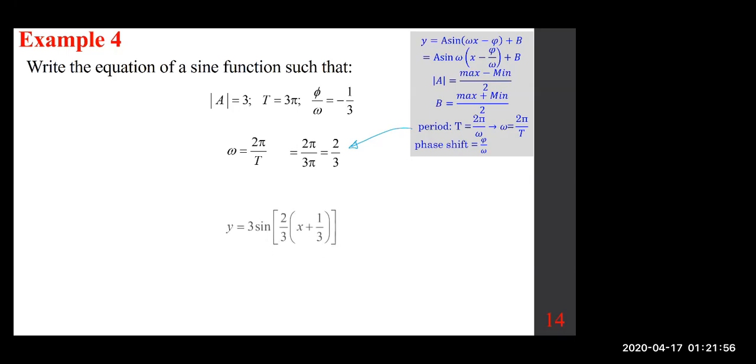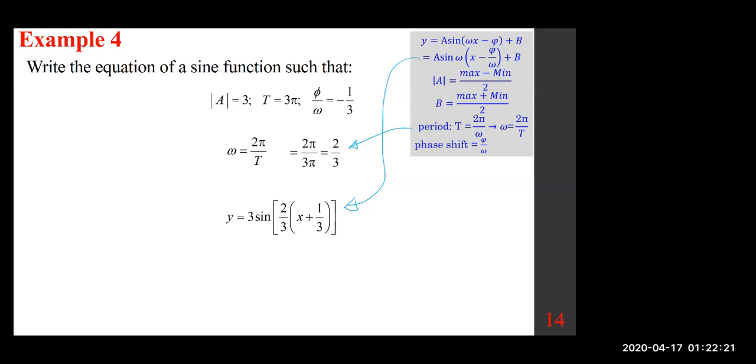We put it in. We have A, we put it in. We found omega, which is 2/3. We have phi over omega. I'm looking at this equation, everybody. Practically, we're done.